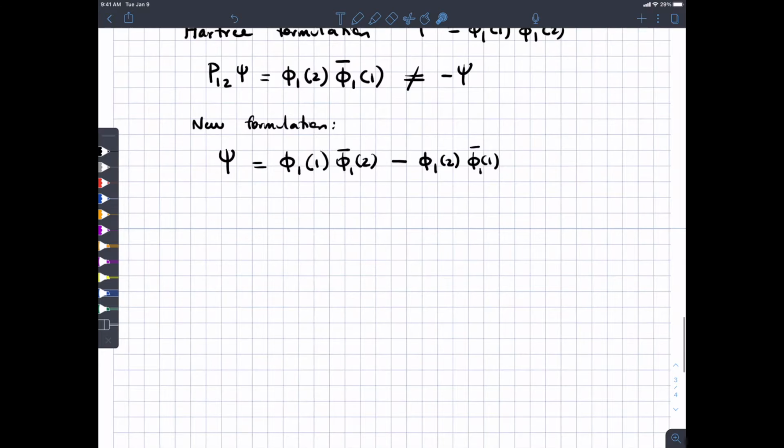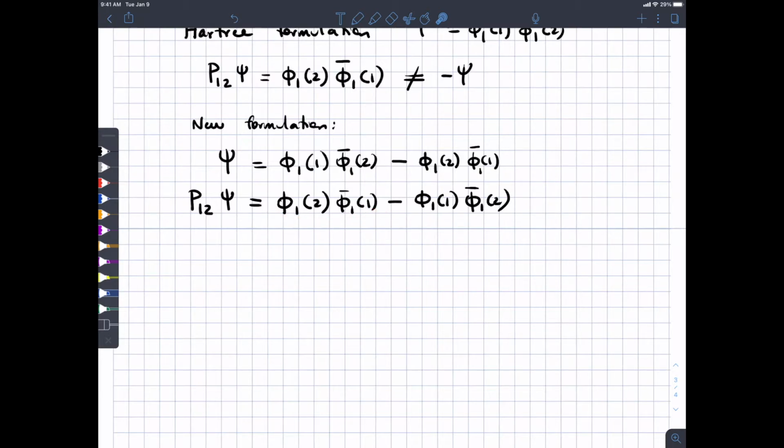Now, it just so happens, why would you do it this way? What does that mean? We'll talk about what it means in a physical sense, but why would you do it this way? Because if I permute electrons 1 and 2, switch their places, I come up with electron 2 in phi 1, electron 1 in phi 1 bar, electron 1 in phi 1, and electron 2 in phi 1 bar.